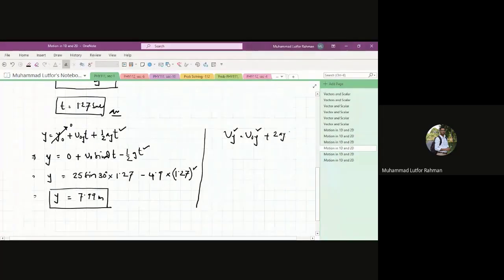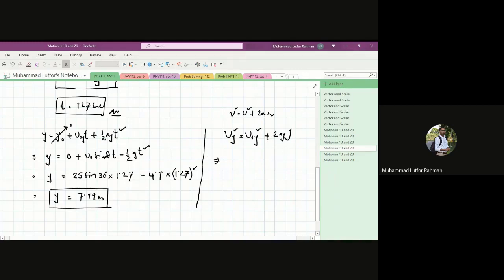I use that equation, basically v square equal to u square plus 2ax, where a is the acceleration and x is the distance. Since I'm using the vertical direction, Vy is the final velocity along the vertical direction, V naught y is the initial velocity along the vertical direction, ay is the acceleration along the vertical direction, and y is the vertical displacement.